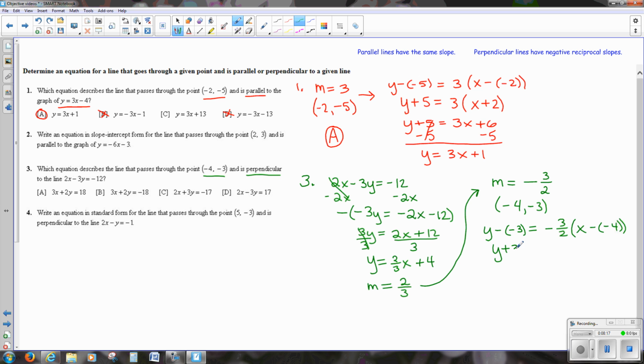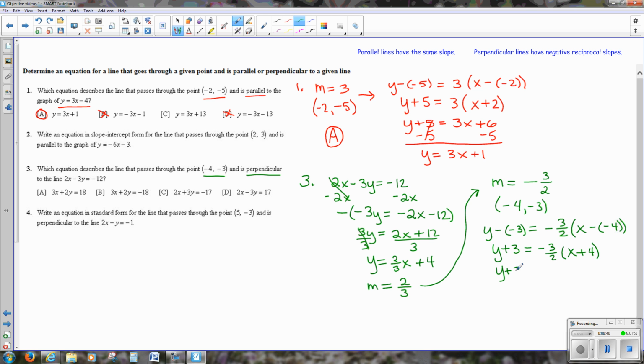So we get y plus 3 equals -3 halves times x plus 4. I'm going to take a look back at what we want our answer to look like, and they've got them all in standard form. So we're going to do some distribution here.